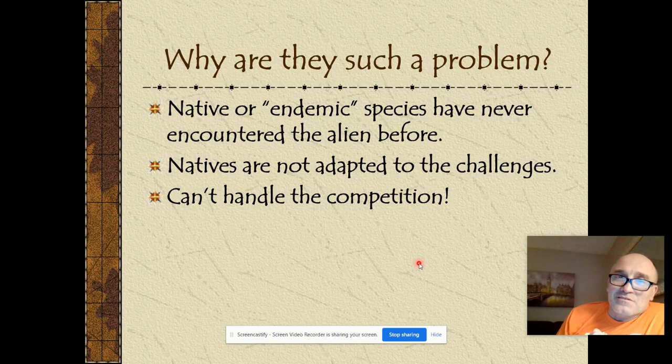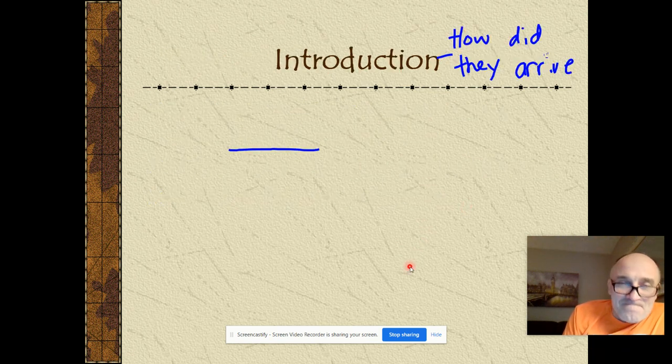They kind of crowd out the things that are supposed to be in an ecosystem. The native things get crowded out by these aliens because they can. They don't really have any predators or factors that limit their population growth, and so they just kind of go crazy and take over.